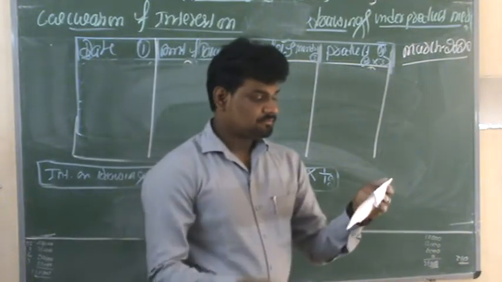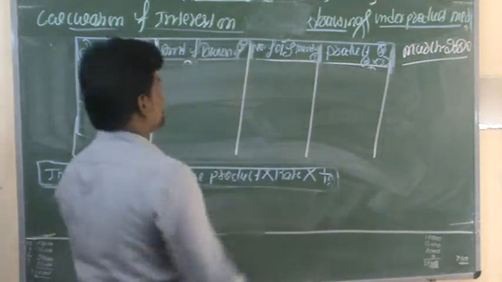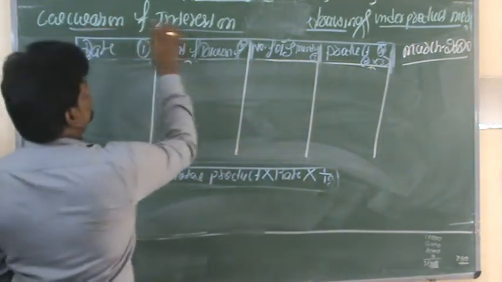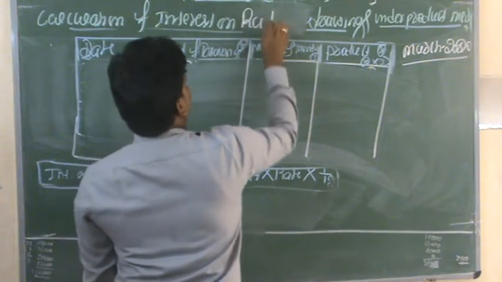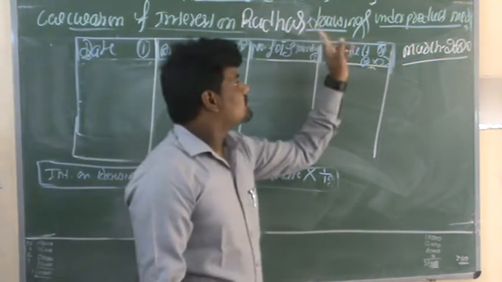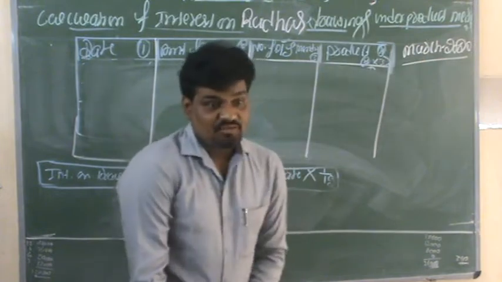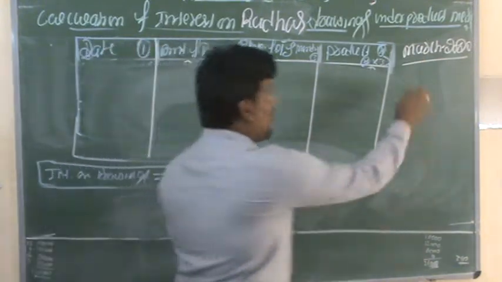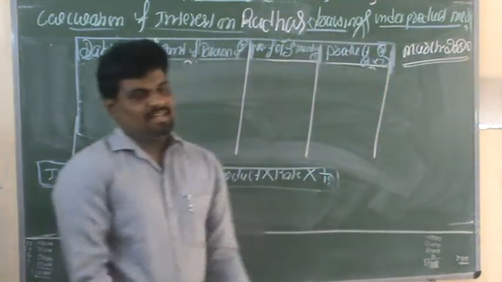Here only Radha is withdrawing, so we just have to calculate interest on Radha's drawings under the product method. This is the annual examination question of March 2020.